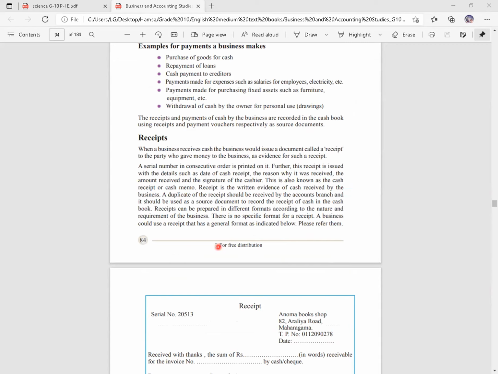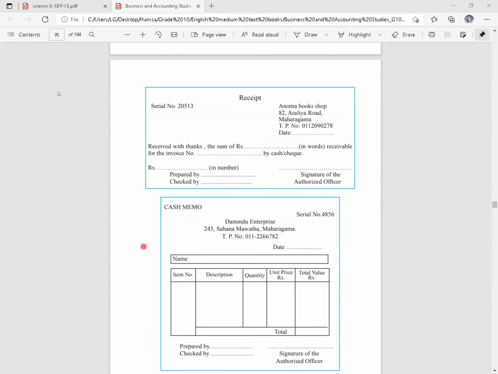So at the time when you were giving the goods, you would have prepared an invoice, right? Invoice, you call it a bill. The invoice will be provided to the debtor when he was purchasing the goods.